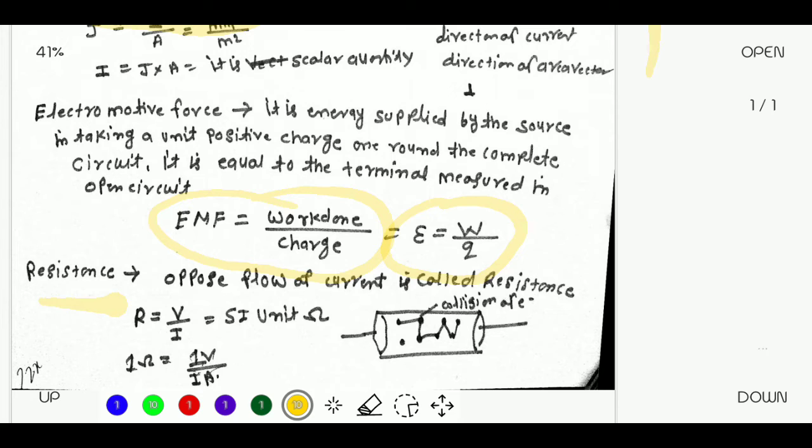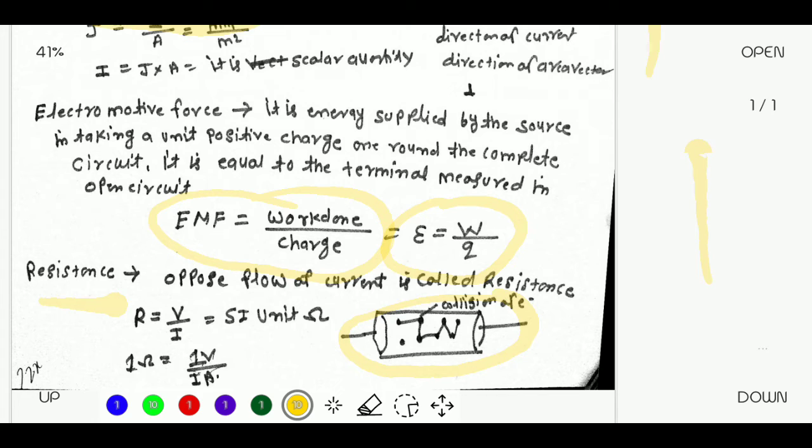Resistance R is equal to V upon I. The SI unit of resistance is ohm. Suppose in this circuit, you can see the electrons moving in zigzag and colliding with each other. The speed of the electrons becomes very slow because the temperature increases, so the resistance also increases.